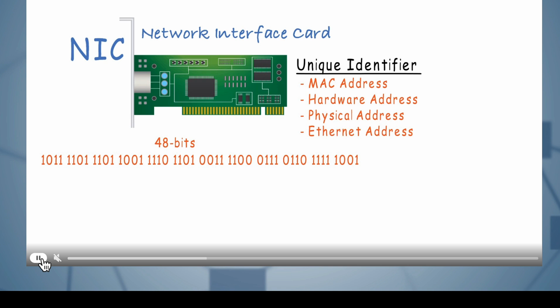Now let's take a look to see what basically hex means and how many binary bits is equal to one hex value. So now let's take a look at what hex or hexadecimal is. Hex is base 16, meaning there are 16 different values.